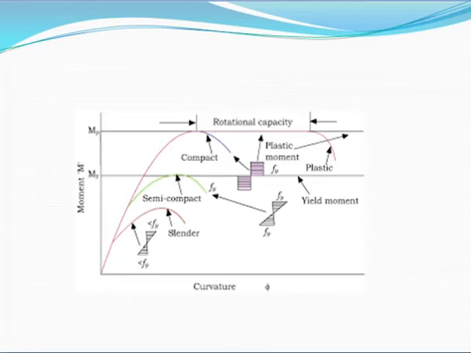When the material is loaded, it takes the load up to its limiting value. But after that limiting value, there is again one part. That part is called the rotation capacity. Due to that rotation capacity, the element can resist the additional moment.